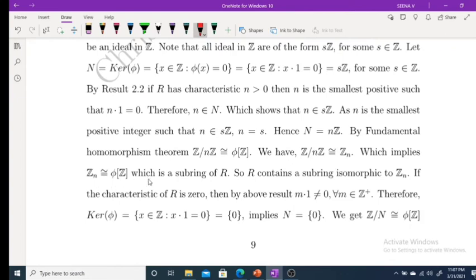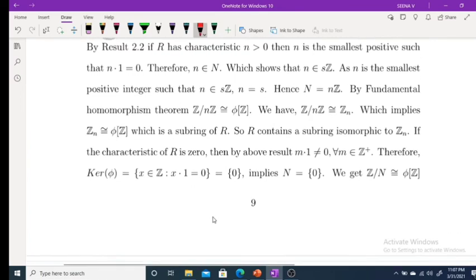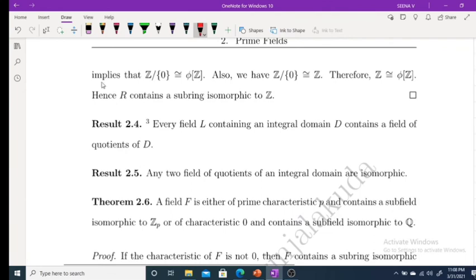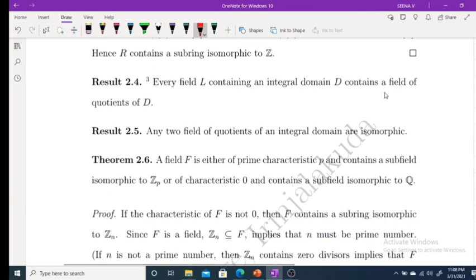If R is of characteristic 0, the same result holds: N is equal to 0, and we get Z over N isomorphic to phi of Z, so Z over 0 is isomorphic to phi of Z. What is Z over 0? It is Z. That means Z is isomorphic to phi of Z, so R contains a subring isomorphic to Z.